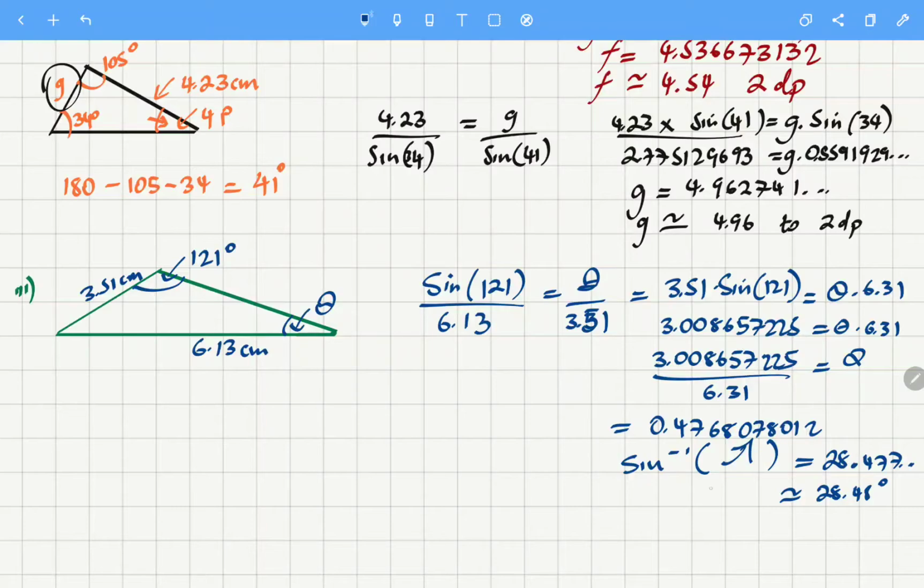So that's our theta. That's using the sine rule.